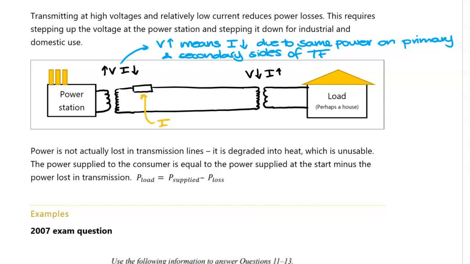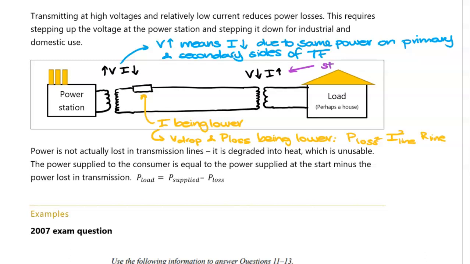A lower current, so current being lower, leads to V drop being lower, and therefore P loss also being lower. That's the whole point of what we're doing. And for P loss, remember P loss equaled I squared line, R line. So current squared, remember if we're squaring something, it has an even bigger impact. So reducing that current really reduces the power loss.